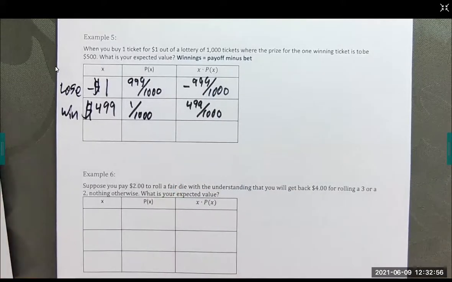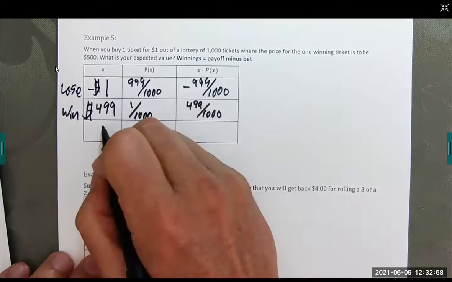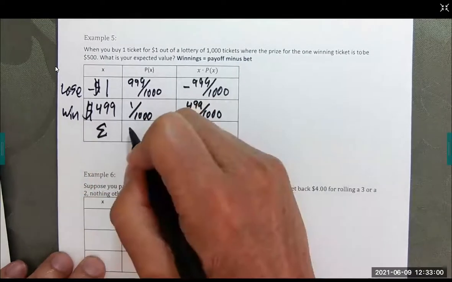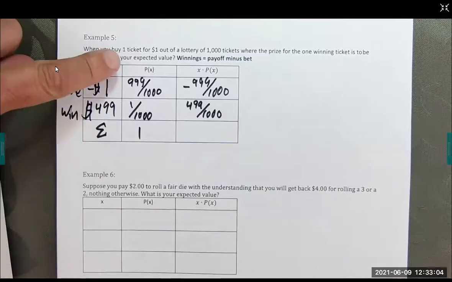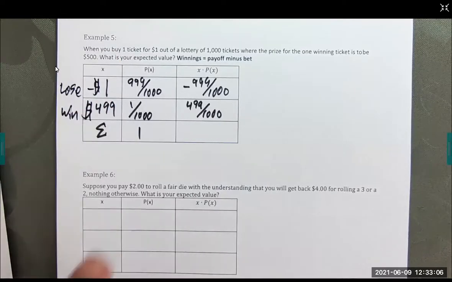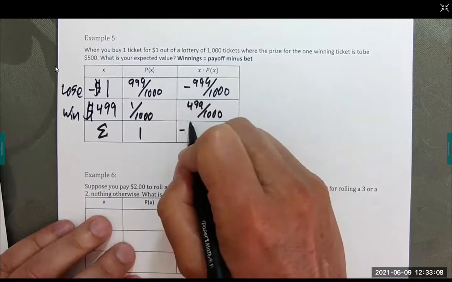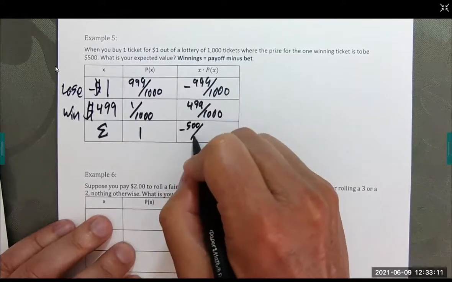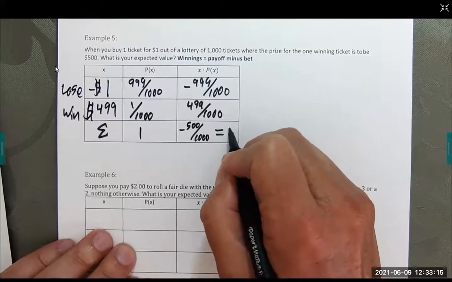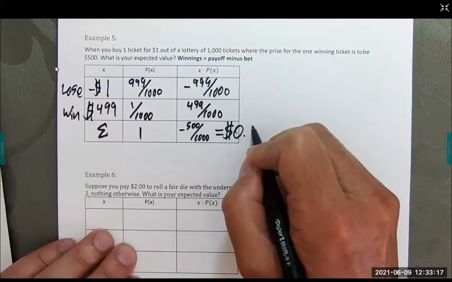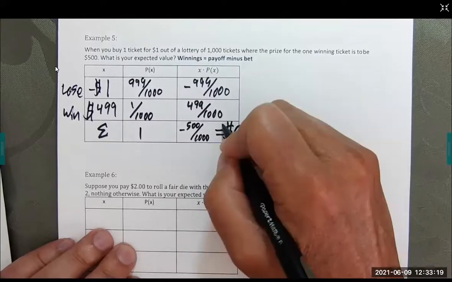Once again, I'd like to point out that when I add these up, those always add up to 1, as they should, so that you'll get 1,000 over 1,000. When I add these up, I get negative 500 over 1,000, which is an expected value of negative 50 cents.